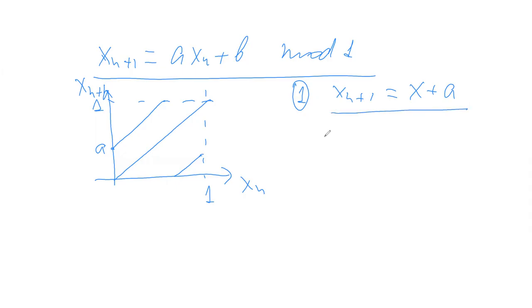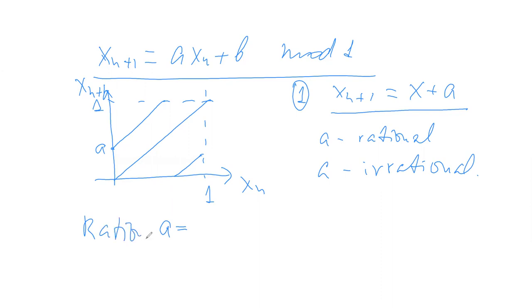Now in x n plus 1 equals x plus a, we can consider two cases: a is rational and a is irrational. If a is rational, everything is relatively easy. If a is rational, then a can be represented by a ratio of two integers, n and m.